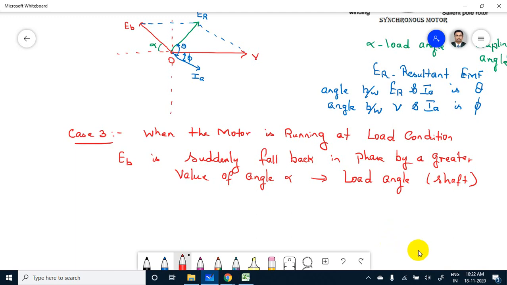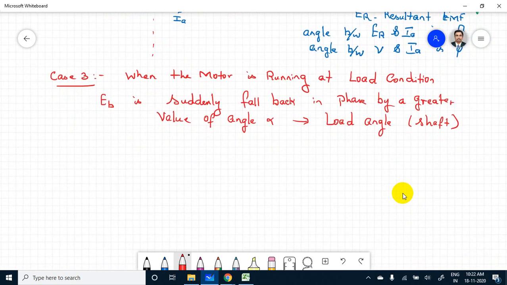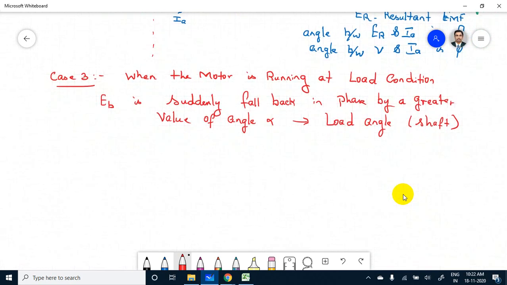So the phasor diagram we are going to draw like this. This is my 0. I am marking the x and y axis. This is x, this is minus x, this is y, this is minus y.